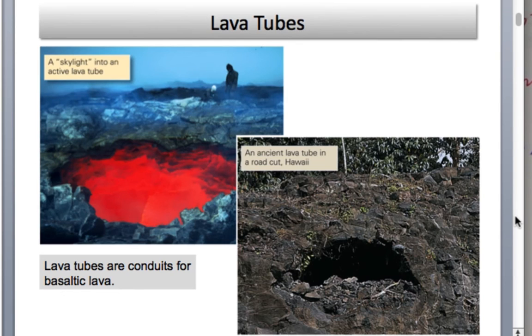And then lava tubes, right? So here the top cools because it's up against the atmosphere, the air, and then the flow keeps continuing. Whenever there's a ceiling collapse of the lava flow or the lava tube, you get something called a skylight, right? And so these are conduits for these basaltic lavas.